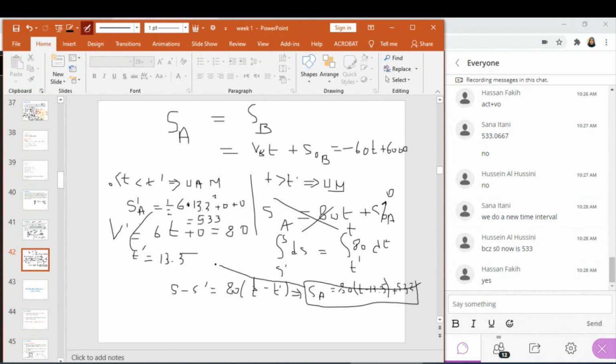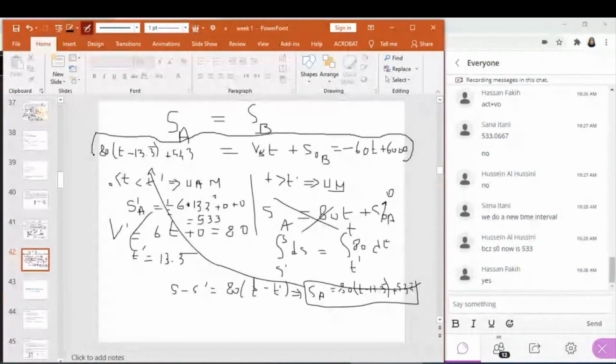Now that I know the equation of SA, I can equate these two s together. So here I'm going to write 80 times t minus 13.3 plus 533 feet is equal to minus 60t plus 6,000.